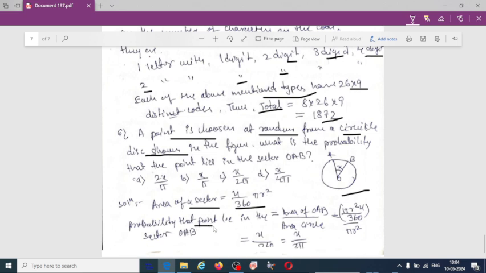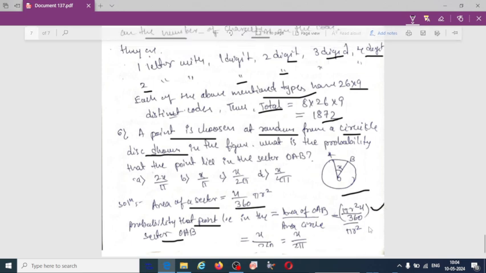So the probability that the point lies in the sector OAB. We can write the probability equation: area of OAB divided by area of the entire circle. Then substitute here the area of the sector, pi r square divided by 360 into x.